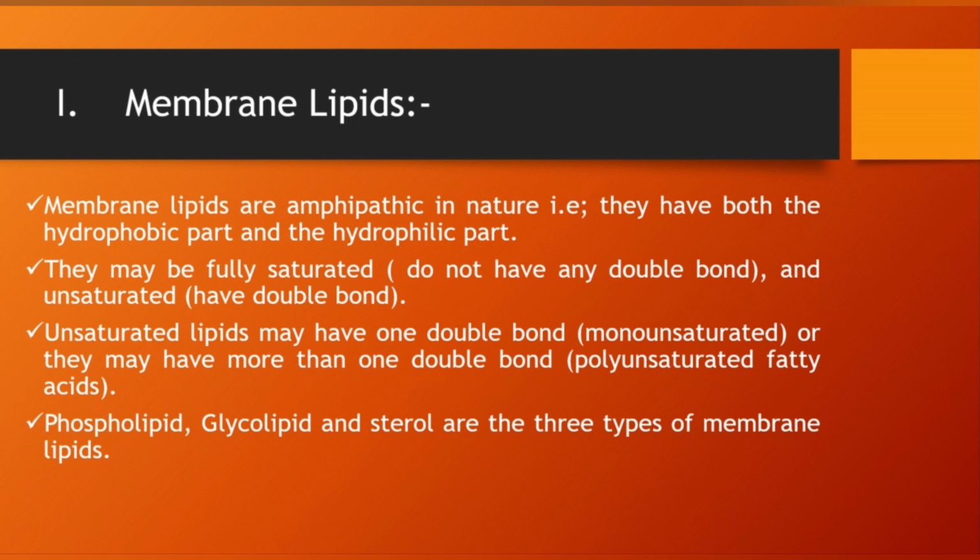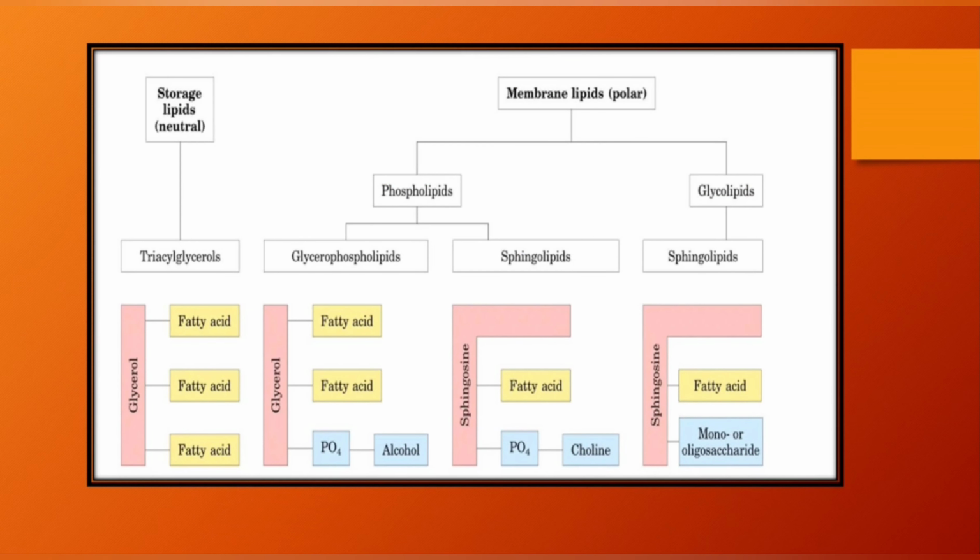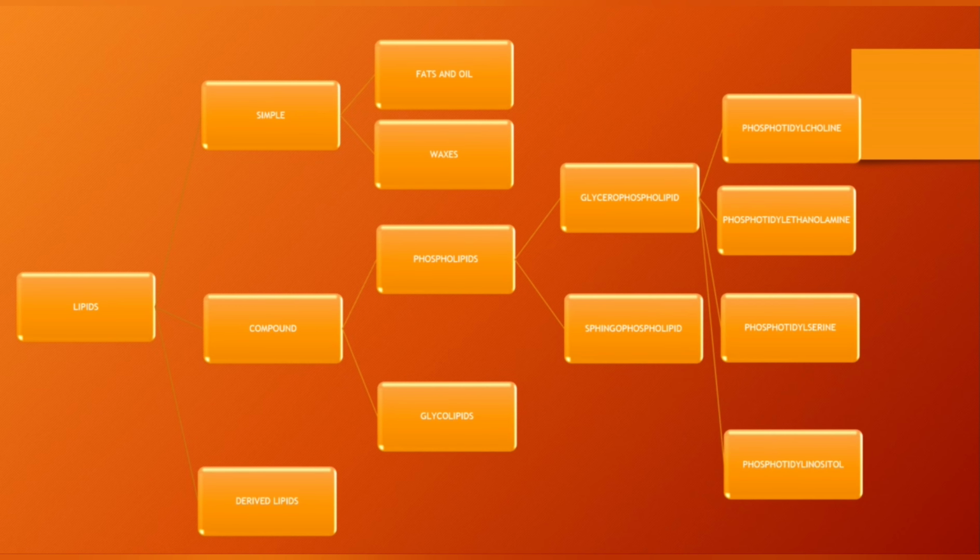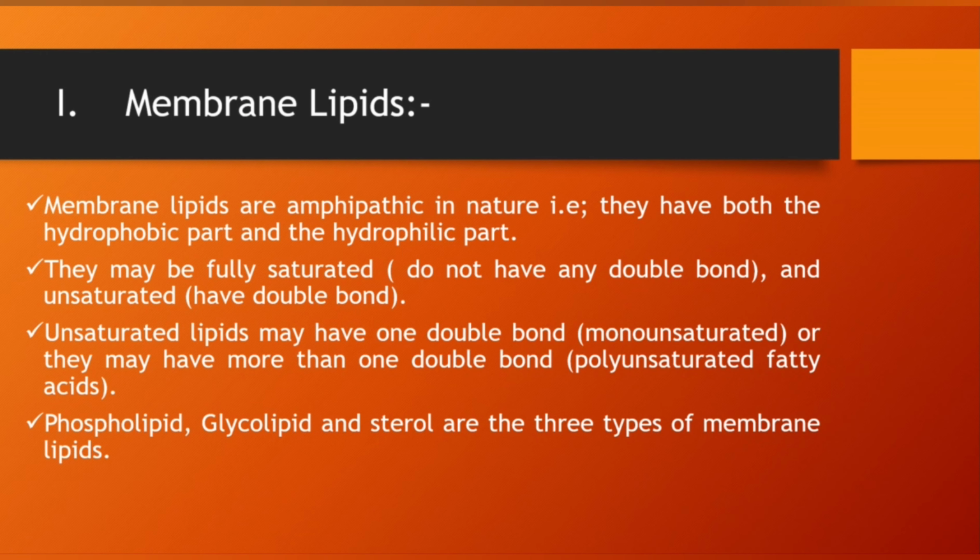Unsaturated lipid may have one double bond, monounsaturated, or more than one double bond, that is polyunsaturated fatty acids. So first we have classified lipids on the basis of the presence or absence of double bond, that is saturated or unsaturated lipids. Further, unsaturated lipids are classified into monounsaturated and polyunsaturated.